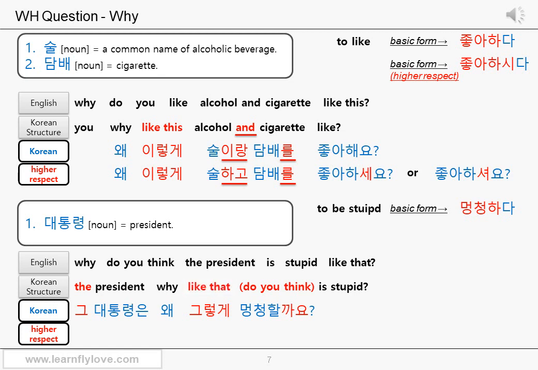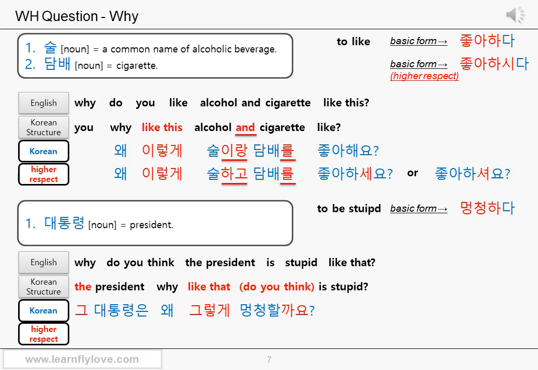And then like that comes after it because like that will position right before the adjective stupid, which ends the sentence. Do you think the part we used to ask for the listener's opinion in English will melt into stupid in a Korean sentence? Okay, so the president, why, like that, do you think stupid?